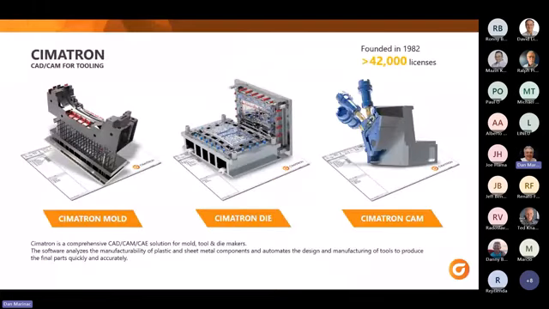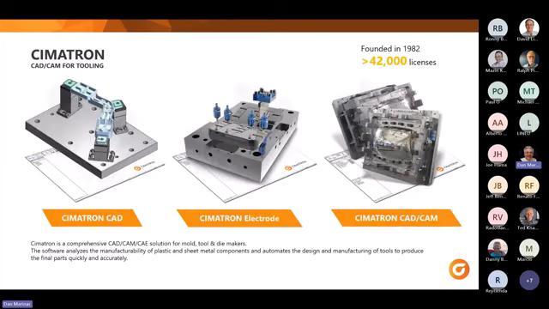Let's just take a second to introduce you to Cimatron. We are CAD/CAM for tooling, founded in 1982 with more than 42,000 licenses worldwide. Cimatron is a comprehensive CAD/CAM solution for the mold, tool, and die makers. We offer Cimatron Mold, Cimatron Die, and Cimatron CAM individually and properly packaged for you to do your work in the industry.